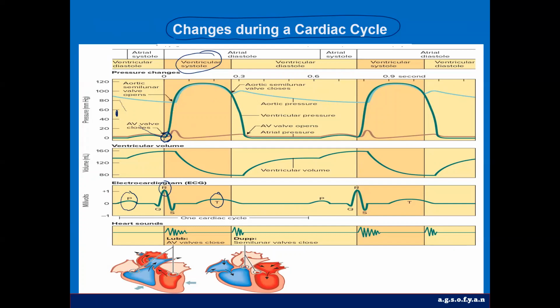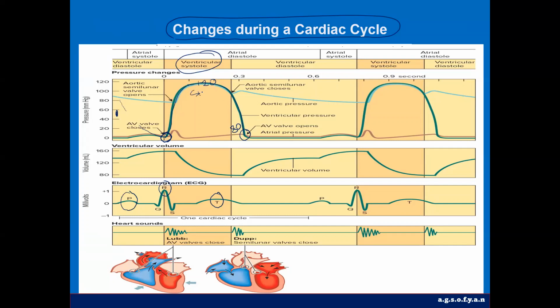And then this is the pressure. During the ventricular contraction, the pressure will be increasing, normally around 120. So the top over here gives you 120 pressure. And then it's going down, relaxation, it will give you around 80 pressure. So 120 over 80.